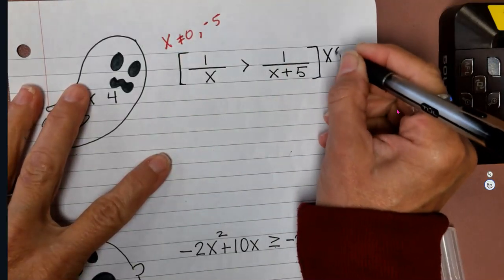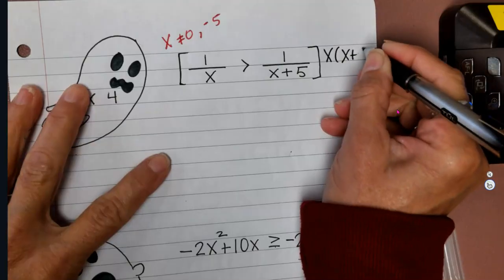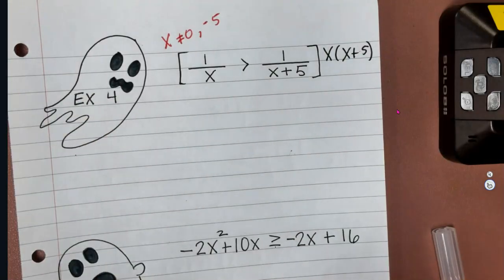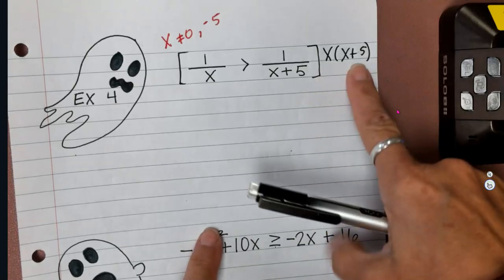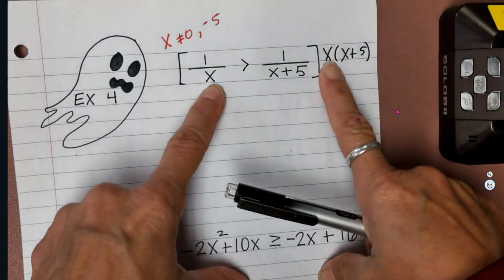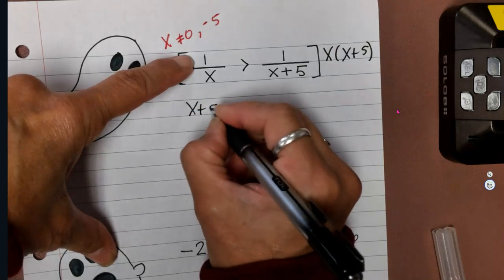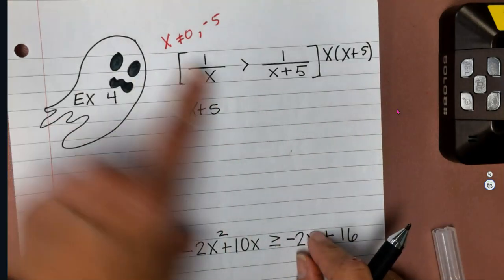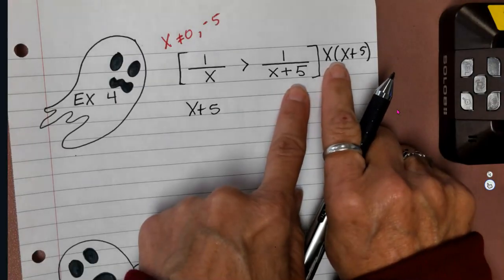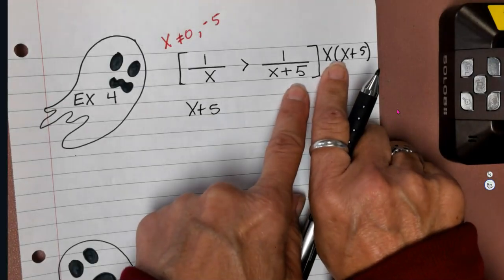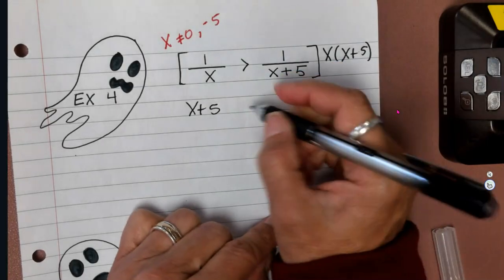And guys, the LCD is just both the fractions' denominators. Just multiply by both of those denominators. And the numerator is 1, so that's going to be pretty easy. When I multiply this times the x, y'all, the x's just cancel, and it's going to be 1 times x plus 5, which is x plus 5. Over here, the x plus 5s are going to cancel, so 1 times x is just going to be an x.